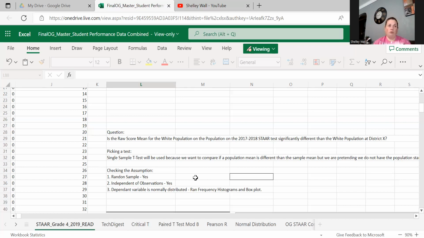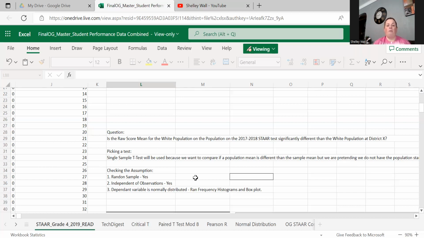I did not choose anything about these students. So these are students that would have enrolled in this district regardless of whether I would have been a part of this test or not. Is this independent of the observations? Yes. And lastly, is our dependent variable normally distributed?